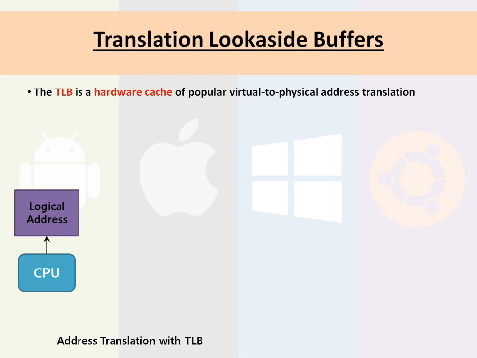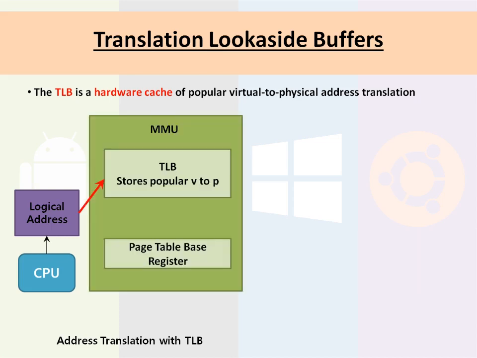But let's have a look at how this affects our diagram that we've been talking about. So our CPU once again generates that logical address, but now instead of going straight through the page table base register, the MMU feeds the address through the TLB first. Now two things can happen.